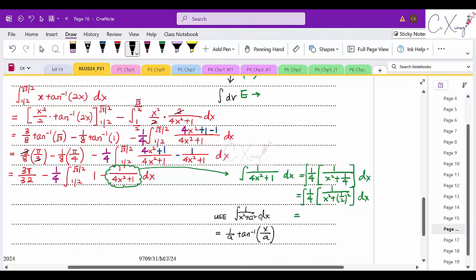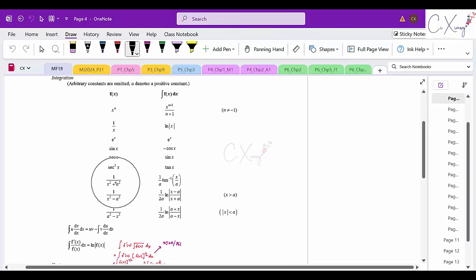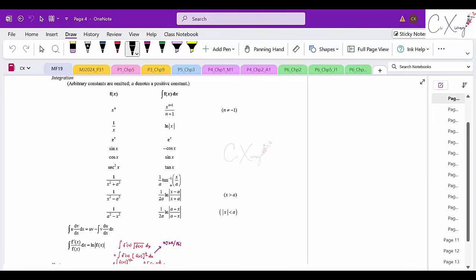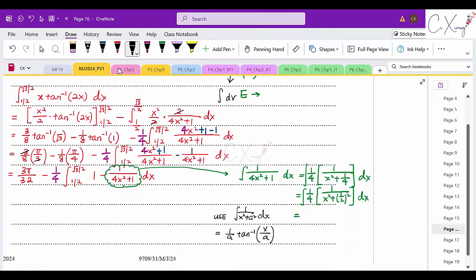So this formula is provided in the formula booklet. If you're not really able to remember it, then you can have a look at the integration part. You can see integrate 1 over x squared plus a squared, you will have 1 over a tangent inverse x over a. So this is what I'm applying now.